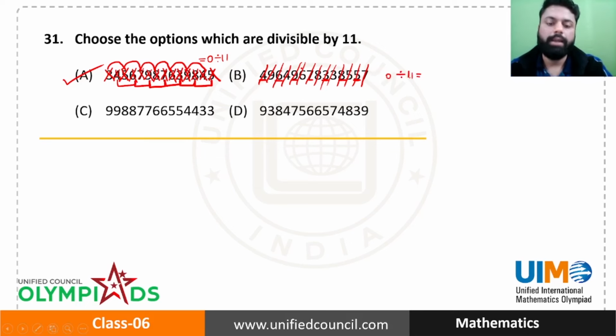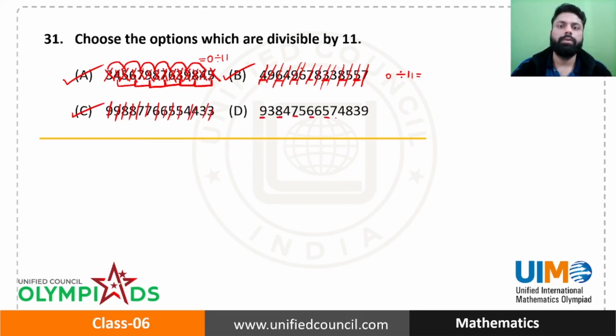So this is also a correct answer. Similarly, 9, 9, adjacent digits are always 8, 8, 7, 7, 6, 6, 5, 5, 4, 4, 3, 3. Let's first mark the digits and then cancel out. Marked, non-marked, non-marked, marked, marked, non-marked, 4 and 4, 7 and 7, 5 and 5, 6 and 6. So all four of them are divisible by 11.